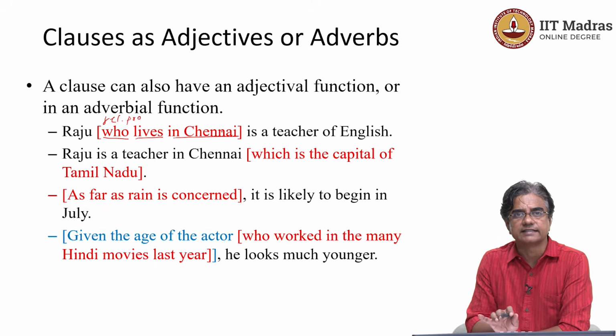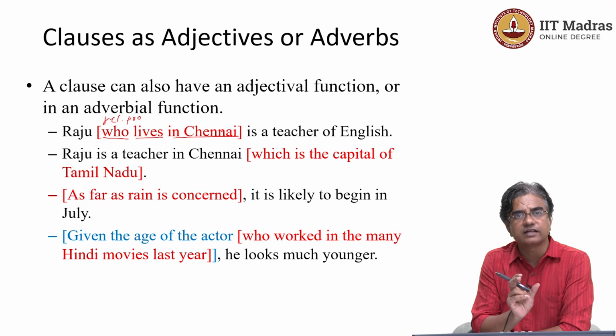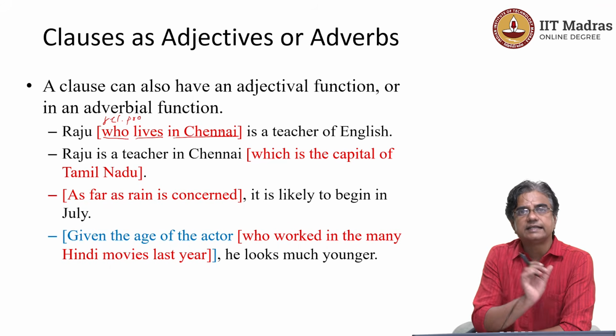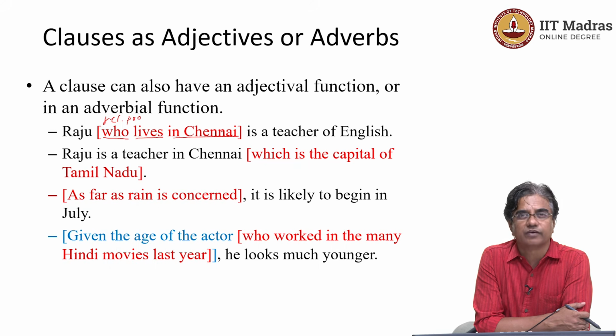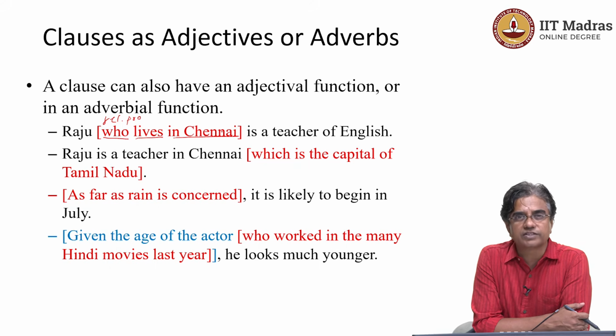It's a full sentence, so it's a sentential clause. Technically it is called a relative clause, but this clause works like an adjective. Therefore we say a clause can also function as an adjective.